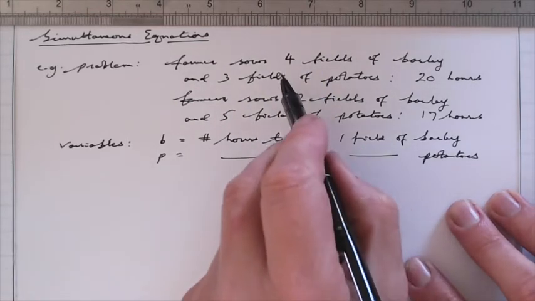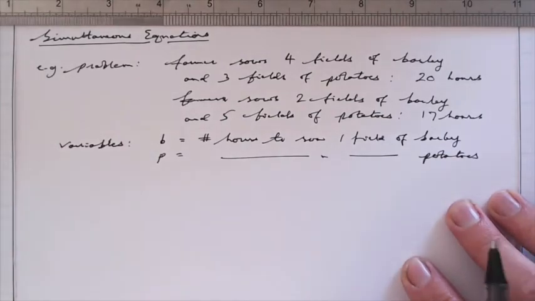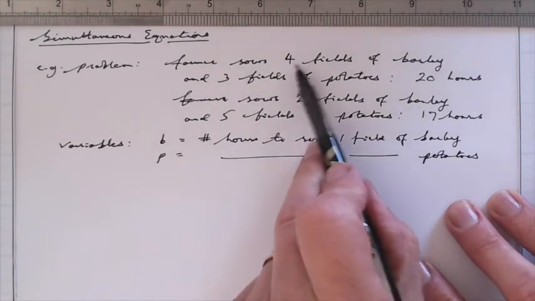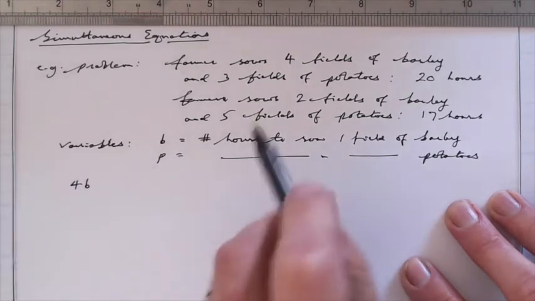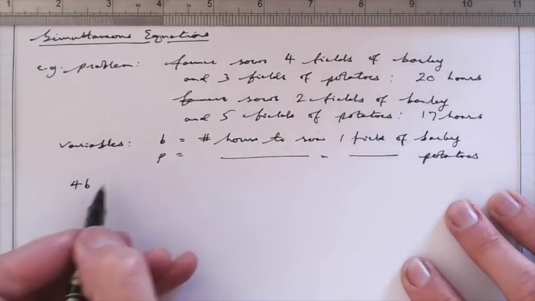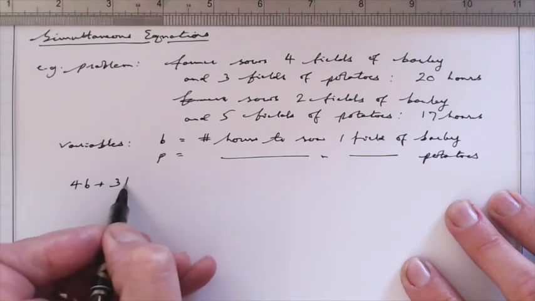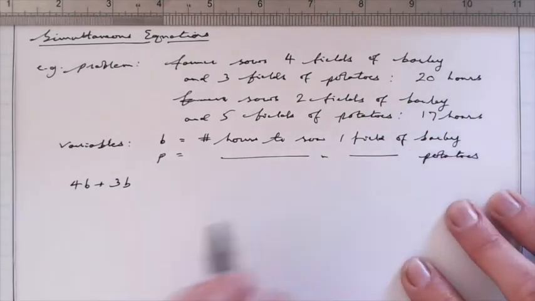Then we can convert the two scenarios into equations, and it's nice to see a real-world problem being transformed into a maths problem. The first scenario says that 4 fields of barley, so 4 lots of B, plus 3 fields of potatoes, so 3 lots of P, takes 20 hours.